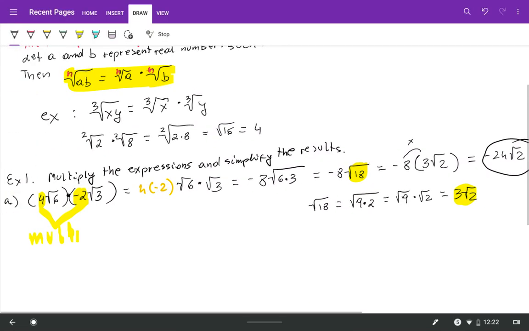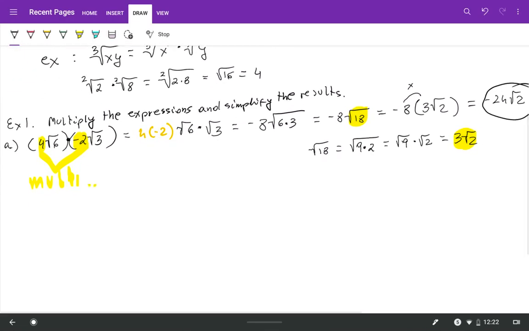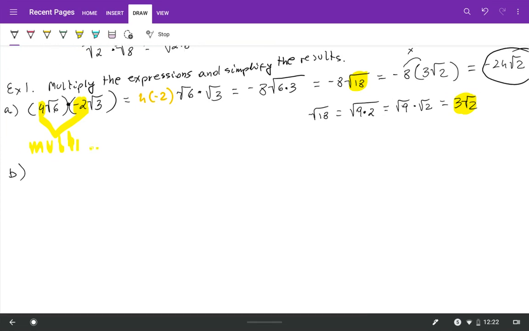So next example, B, we have 3ab square root of b times negative 2 square root of ab. Okay, so first what you want to do, it's a multiplication. Start with multiplying the coefficients.